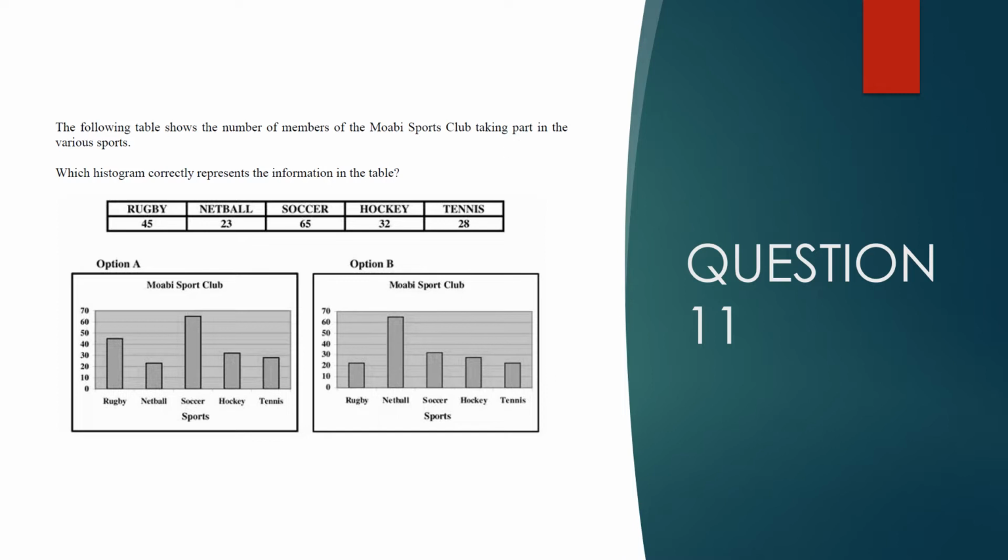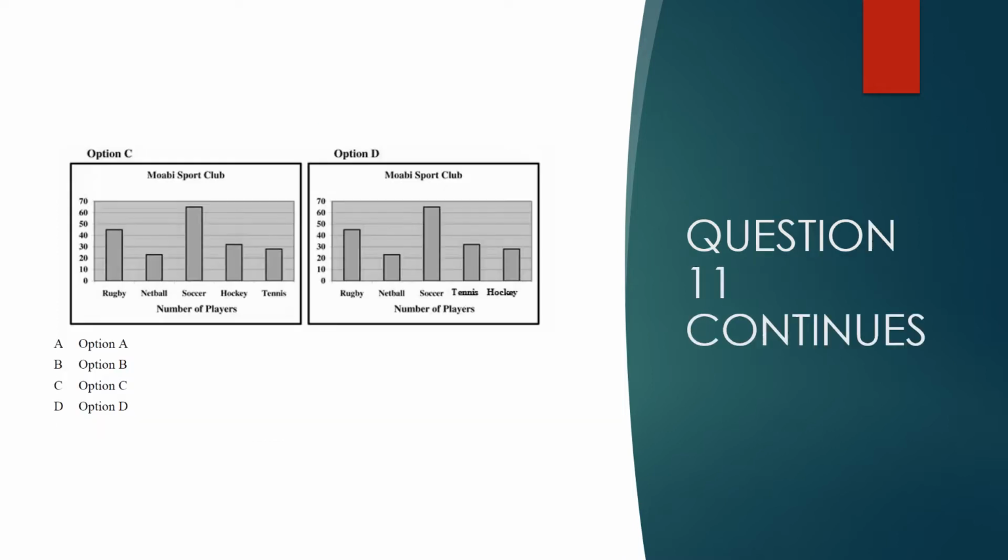On options C and D, the graphs are not going the same as our table. So option A is the correct answer. You're going to circle option A as your correct answer.